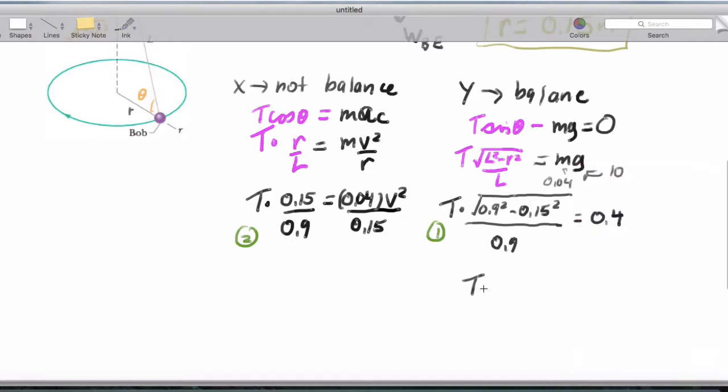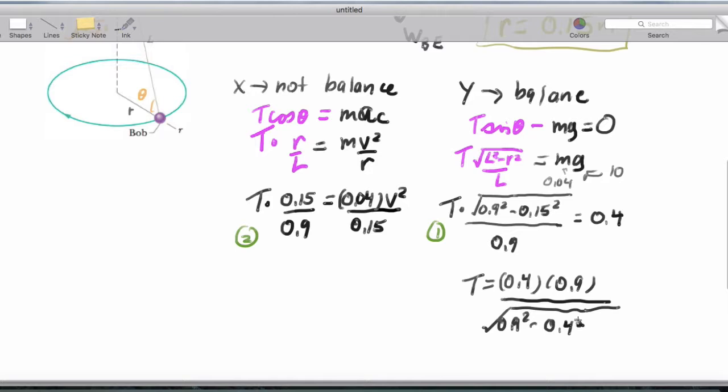So this tension is going to end up being 0.4 times 0.9, all over the square root of 0.9 squared minus 0.4 squared. This part of talking, by the way, when I'm writing down numbers and just reading them out, it feels like I'm watching paint dry. I hope you're having a similar fun experience.